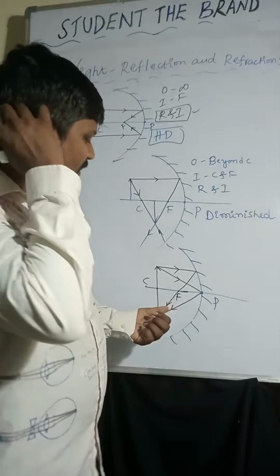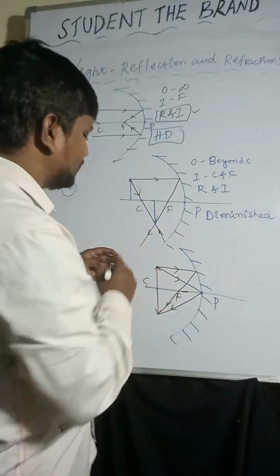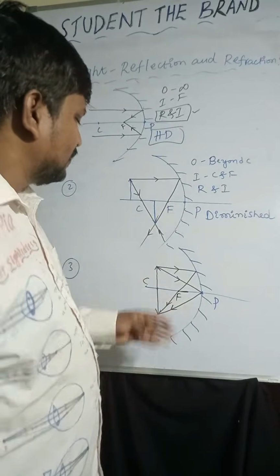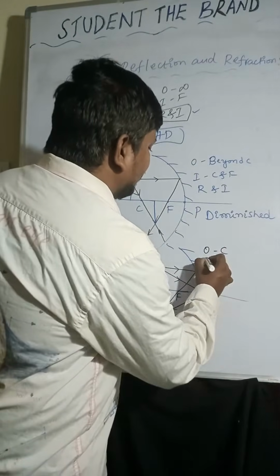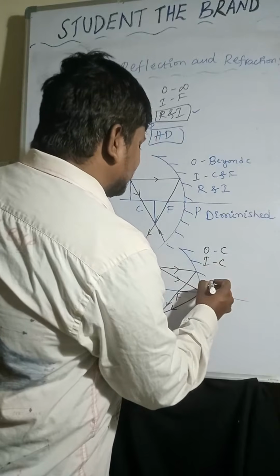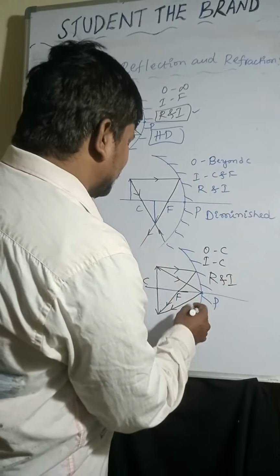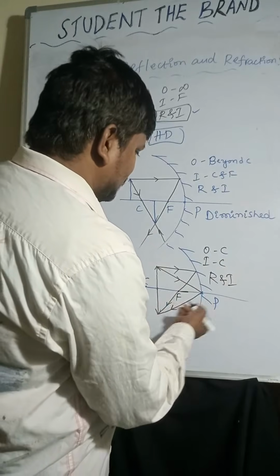Here you can observe object is placed at center of curvature. Image also will form at center of curvature. Nature of the image is real and inverted, and the size of the image is the same size.